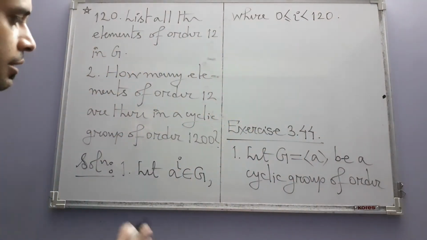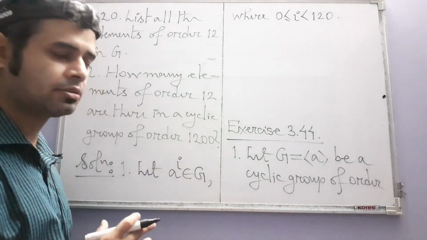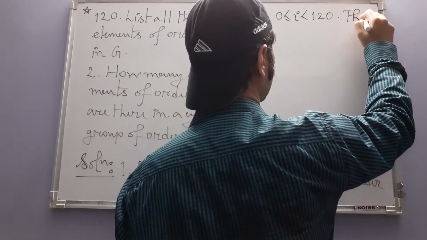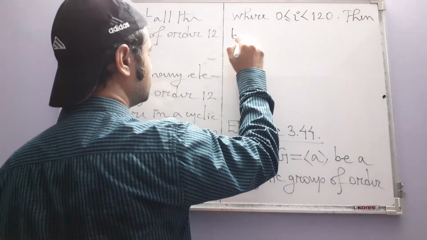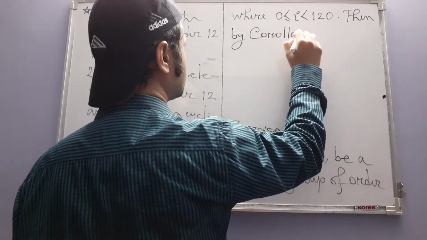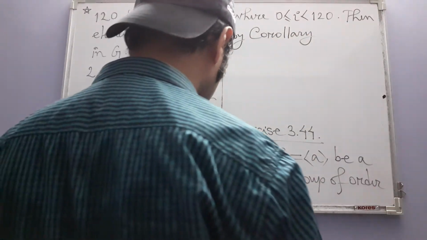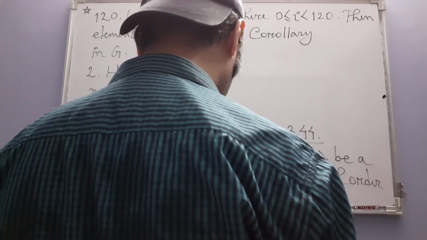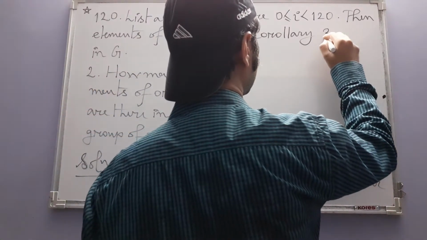Okay, so now we can say that this is any arbitrary element in G. Then by corollary 3.2, this corollary is very useful.